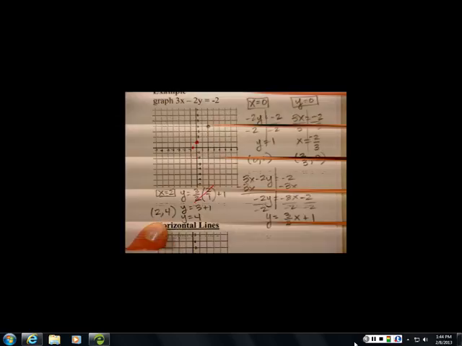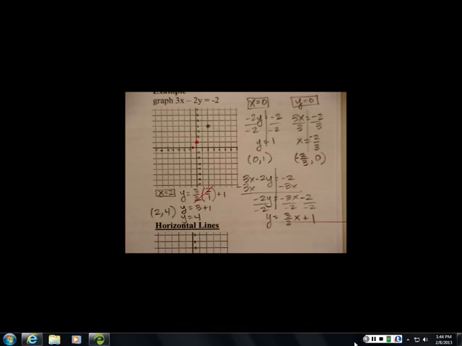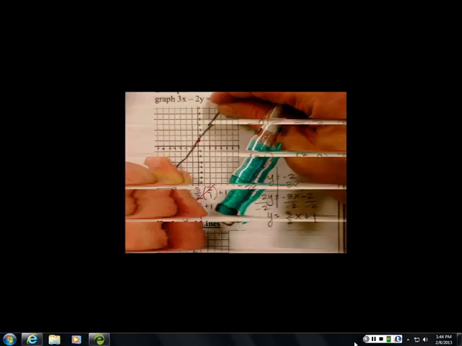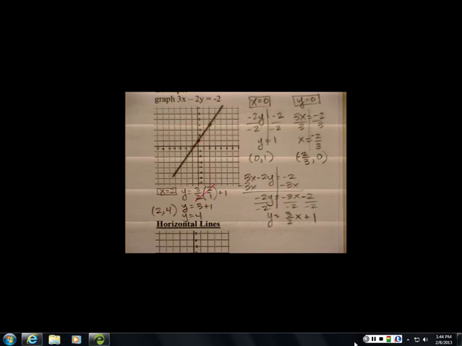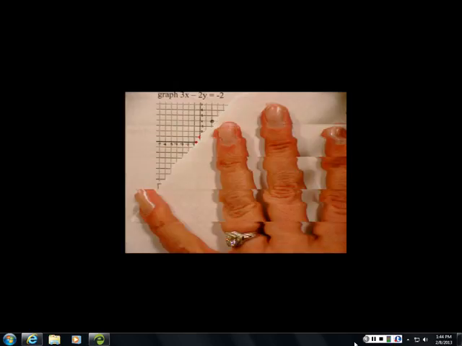Does it look like all 3 are in the same line? Well, I think so, right? I took the lead out of my pencil here so that I could do this and show you. There you go. So they do all form a straight line. And I grab my straight edge and draw my line.